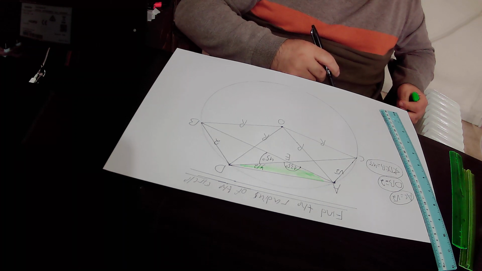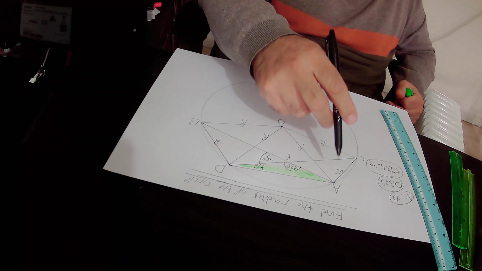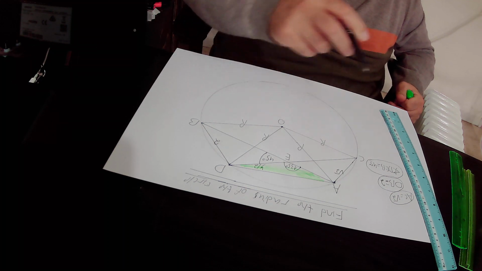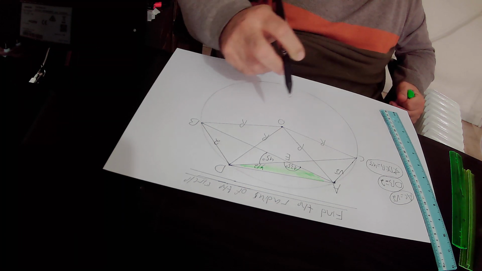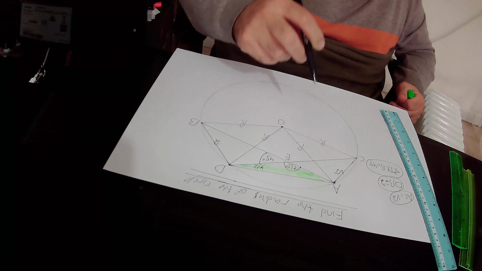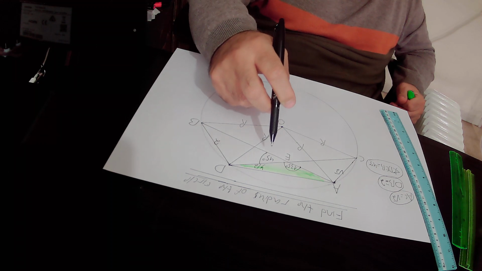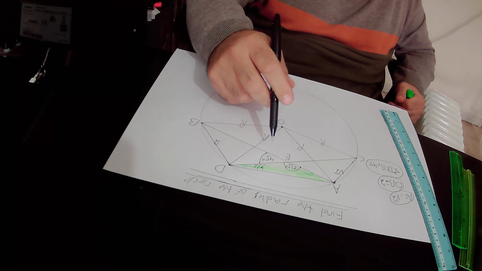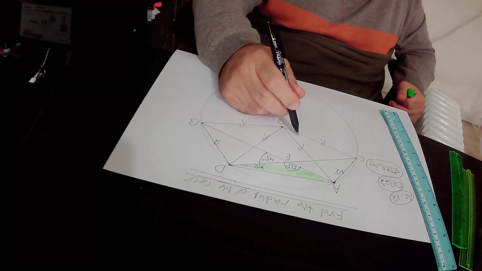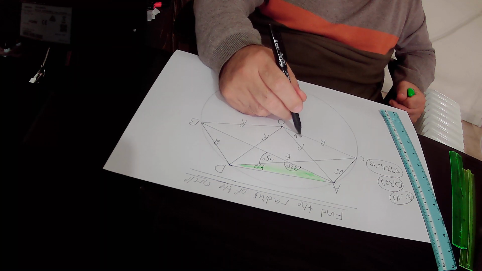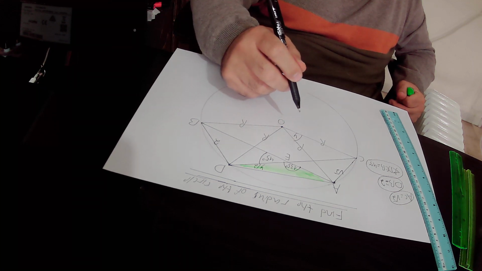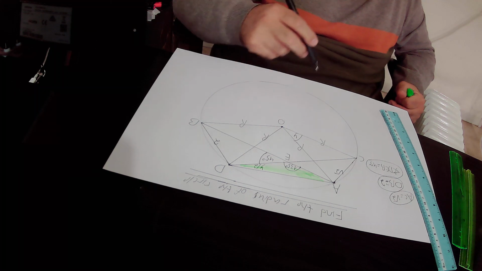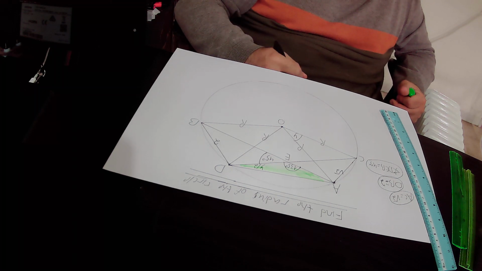Therefore, the central angle AOC that rests on the same chord AC must be equal to twice y over 2. Y over 2 times 2 is y. So the central angle equals y degrees in its size.